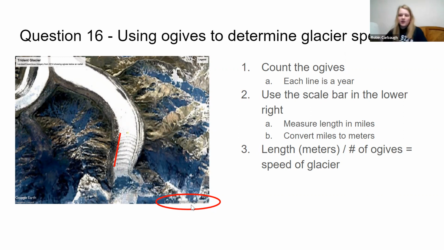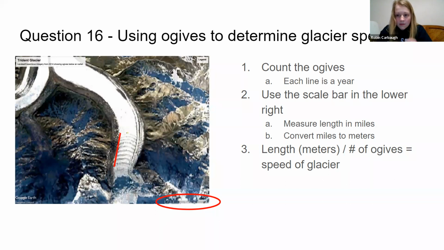So the way I did it, I just got a ruler and held it up to my screen. And on my screen here, roughly 3 centimeters is a mile. And then I just held it up to this red line that I put to say, okay, what is the length of all of the ogives together?